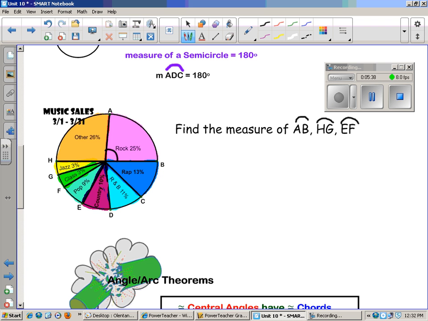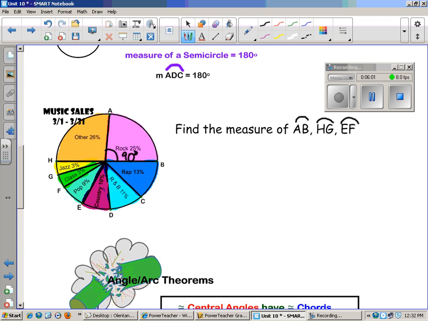I want to know the degree of this angle that they made. It's 25% of the circle. What degree would that be? 90, right? Because it's 25% of what whole thing? 360. So 25% of 360 would be 90.